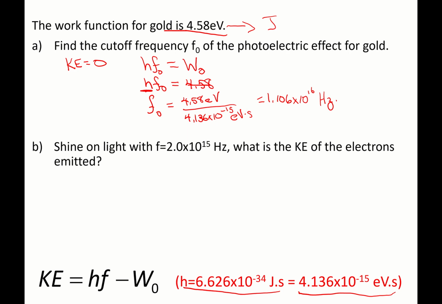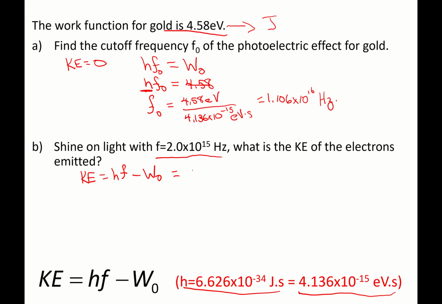Okay, so next one, what if we shine on light that has a frequency of 2 times 10 to the 15 hertz? What's the kinetic energy of the electrons that will be emitted? Okay, so I've got kinetic energy is hf minus the work function.